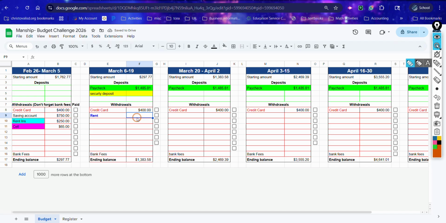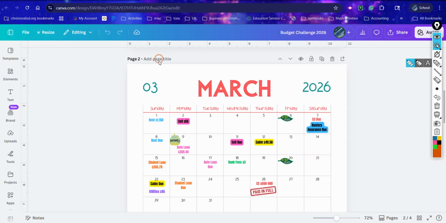And so remember on that first time period, my rent is going to be a little bit more than it normally is. Depending on which apartment you chose, it's either 1,150 or $1,000. I think it's 1,100 for the other one. And you notice that's already bringing me down pretty close to the bottom of this. So I need to go over to my calendar, and look, I'm taking care of this.